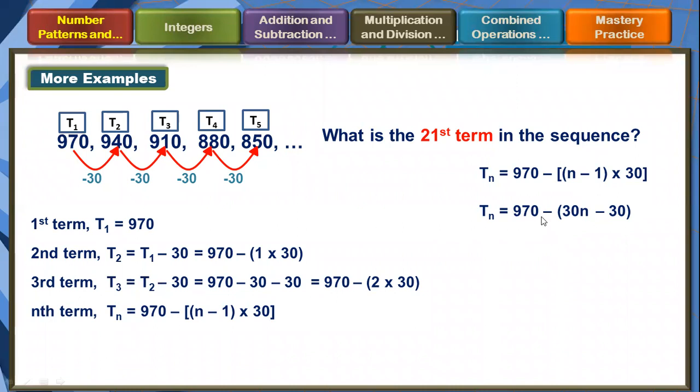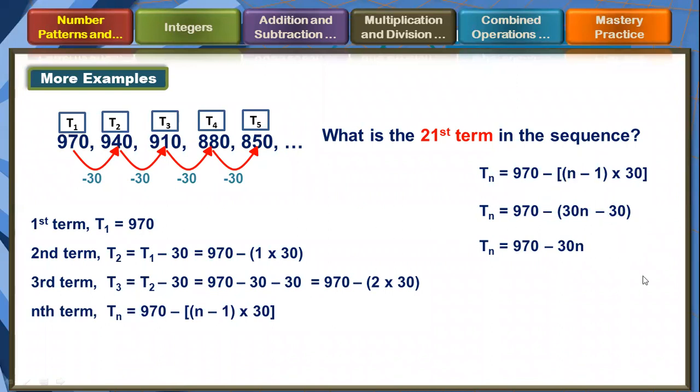Now the thing is, this minus sign should be distributed also to the numbers inside the parentheses. So 970. We know this is positive, right? So positive times negative, that will be negative, or minus 30n. But then this one is minus and this one is minus.